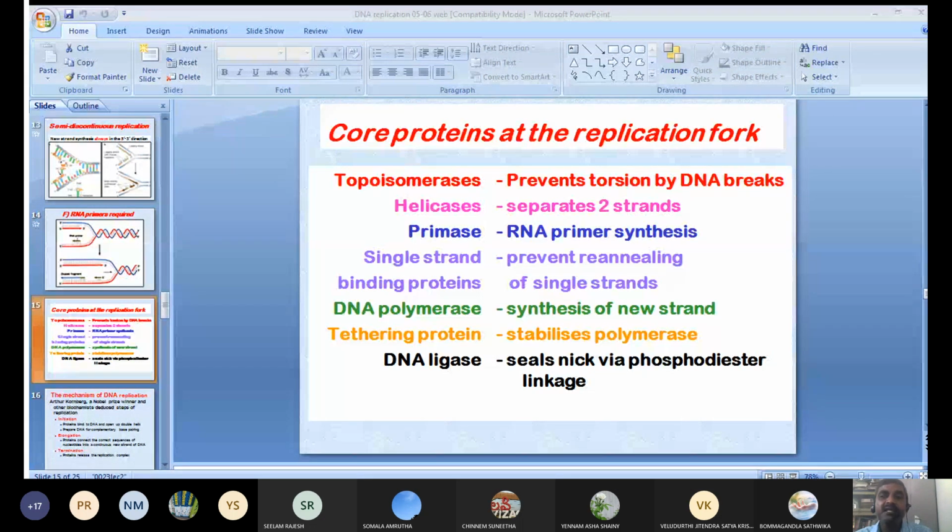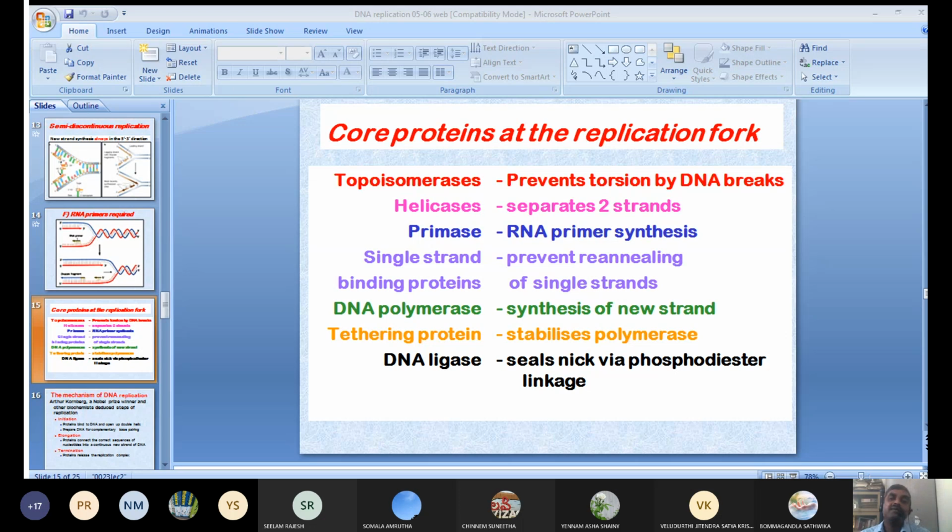Then primase is another enzyme, and primase is responsible for synthesizing RNA primers. It recognizes specific nucleotides, and using them it synthesizes 9 to 11 RNA nucleotides, which provide the 3' OH group for the continuation of replication by the DNA polymerase. Okay, so that's what we can see.